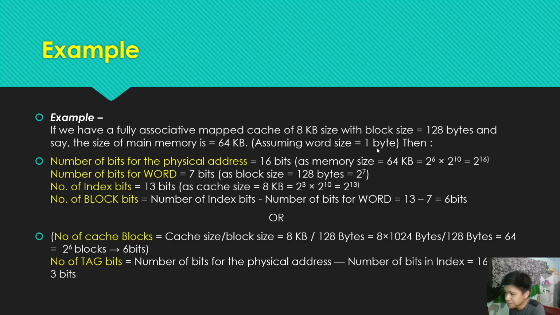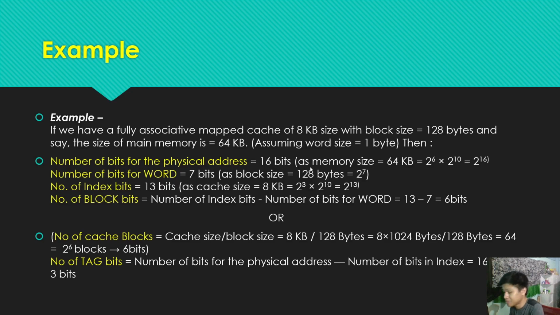So supposedly one word is 2 bytes, right? But in this example, let's just assume that one word is equal to 1 byte to make things easier to understand. So then, the number of bits for the physical address is equal to 16 bits.